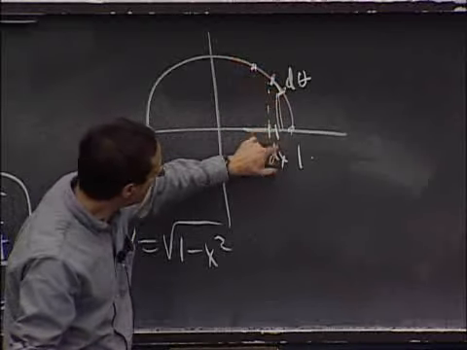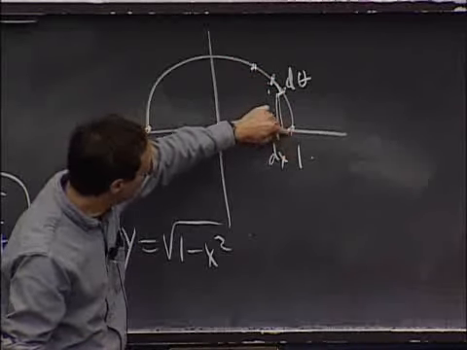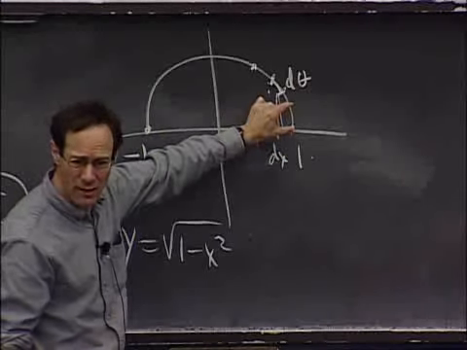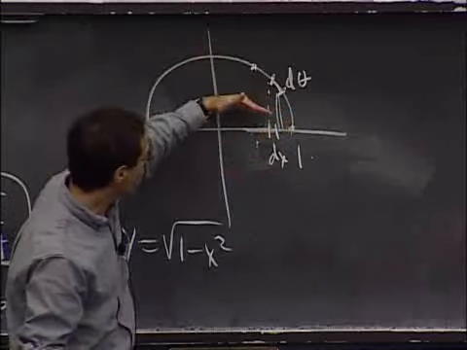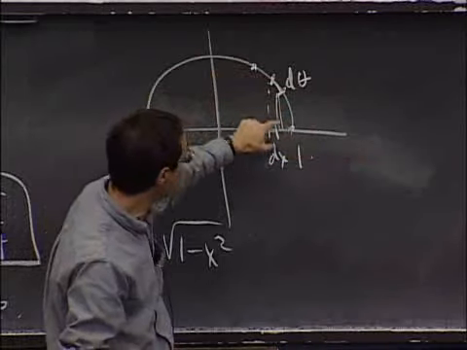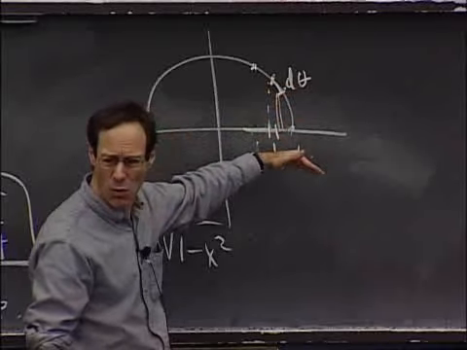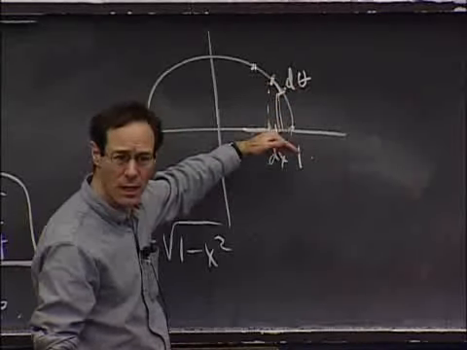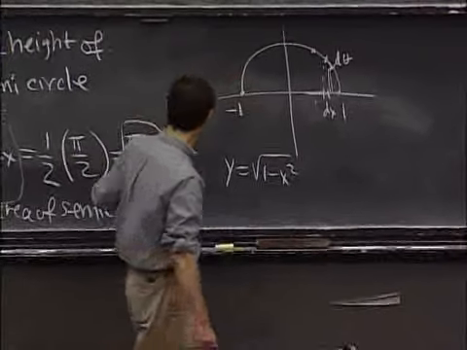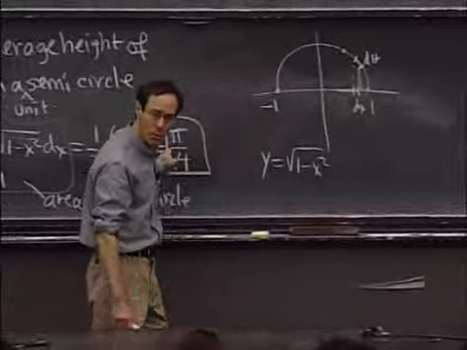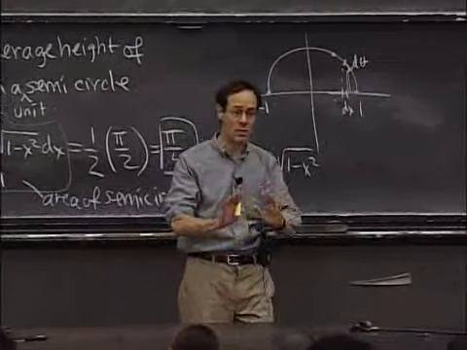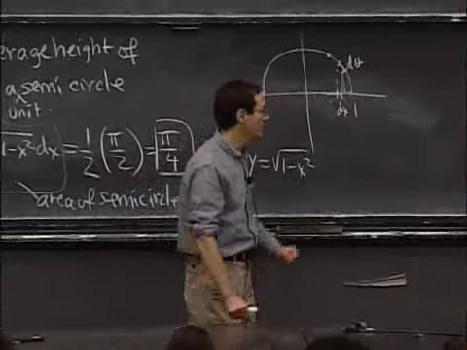And indeed, as you come down here, these very short portions of dx length have much longer portions of theta length. So the average that we're taking when we do it with respect to theta is going to emphasize the low values more. They're going to be more exaggerated. And the average should be lower than the average that we got here. So we should expect a different number, and it's not going to be pi over 4. It's going to be something else. And whatever it is, it should be smaller than pi over 4.